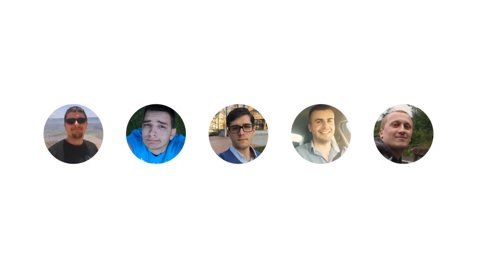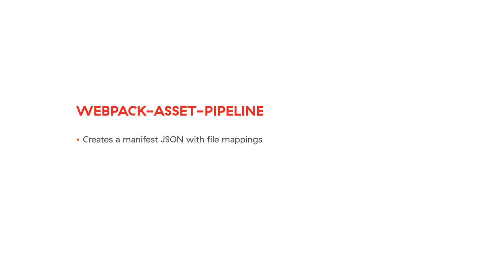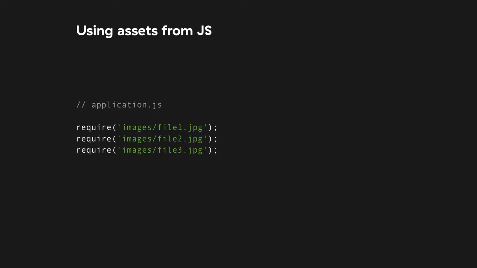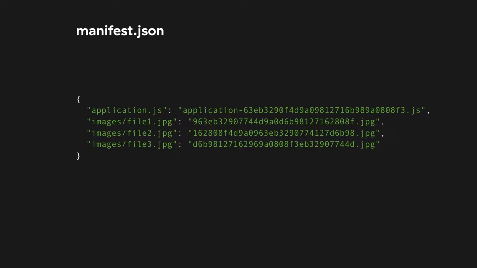So it was created by those guys. And well, what it does, it actually creates a manifest JSON file with file mappings. So when you require some files, for instance, images here, what it will do, it will process them like it usually would with Webpack. But except for that, it will also create a manifest JSON file.